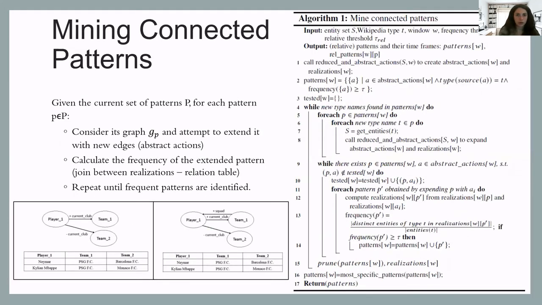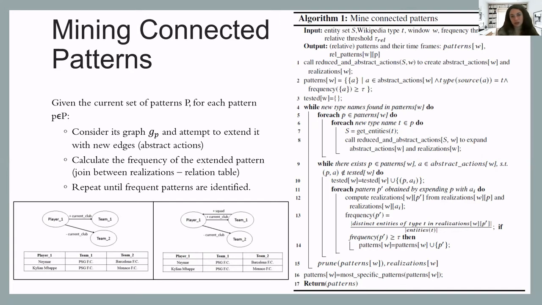The last part of our algorithm is mining connected patterns. So given a specific pattern, we try to extend it by adding new edges to it. After adding another edge, we calculate the frequency of the extended pattern.